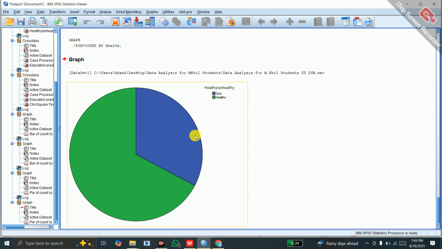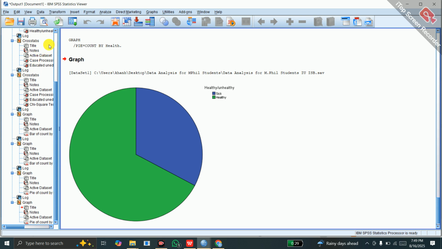Here also the blue slice shows the number of sick people, that is 36 out of 110, and the green slice shows the number of healthy people, and these are 74. So this is the pie chart of the categorical variable, which is health.